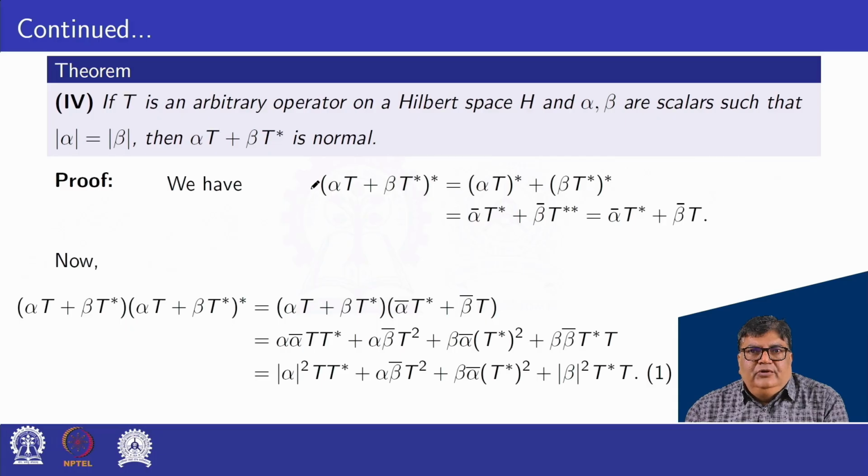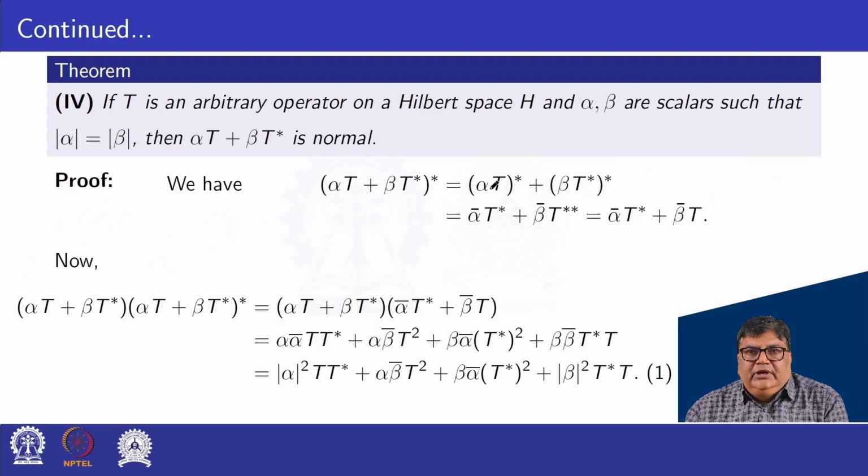So what is the value of star of alpha T plus beta T star? So star of alpha T plus beta T star equal to star of alpha T plus star of beta T star, as per the definition of adjoint operator.